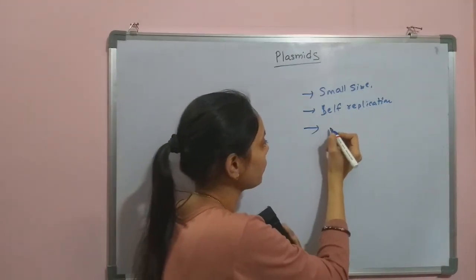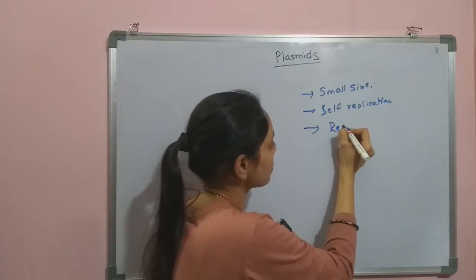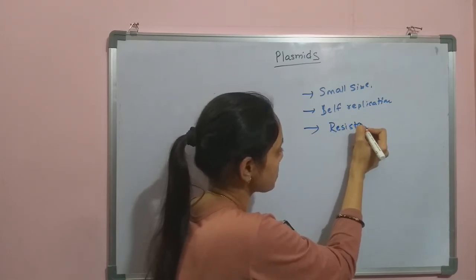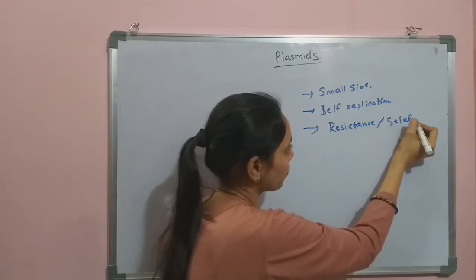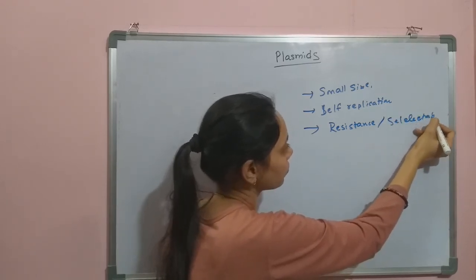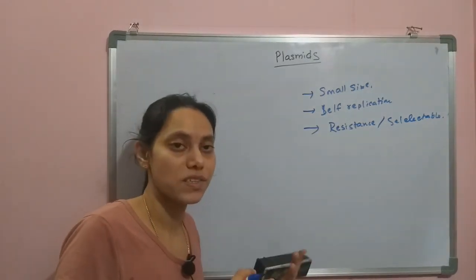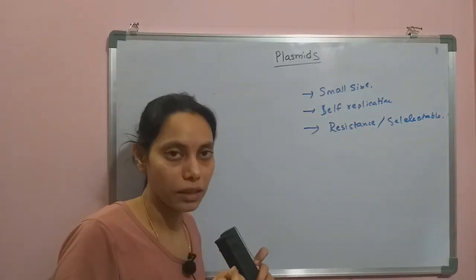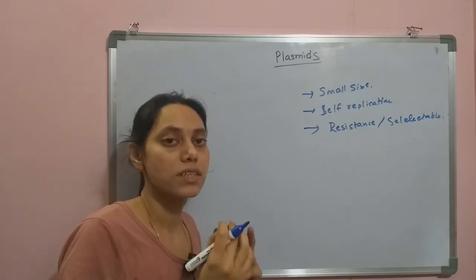So they need to have resistance genes or any selectable marker. Because of the presence of these resistance genes, we can select the vector which carries this target gene.